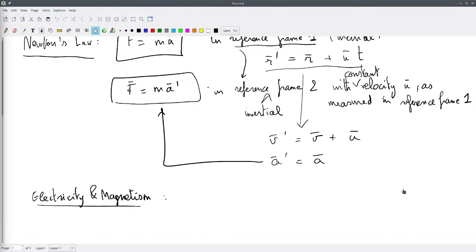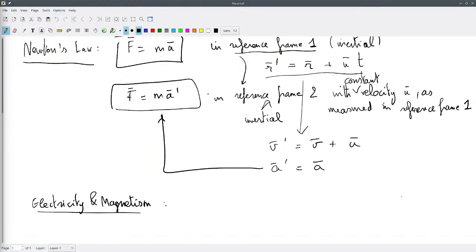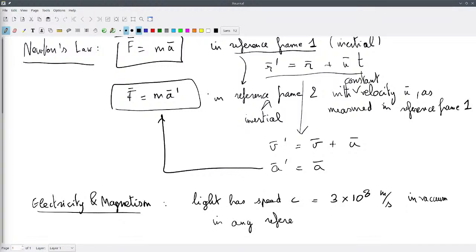One of the outcomes, one of the observations of electricity and magnetism, is that light has a speed c equals 3 times 10 to the 8 meters per second in vacuum, and that is in any reference frame.